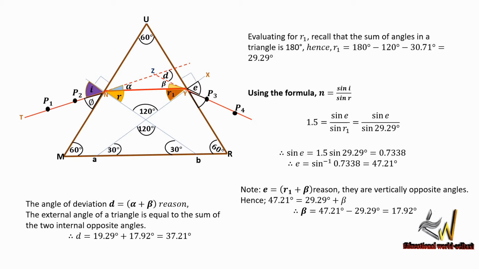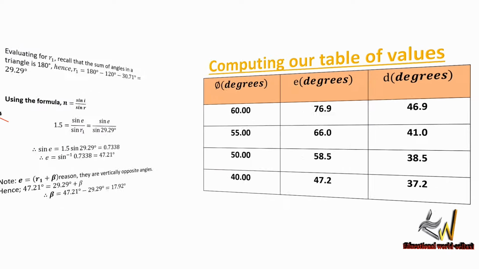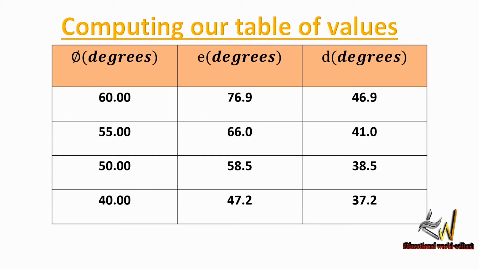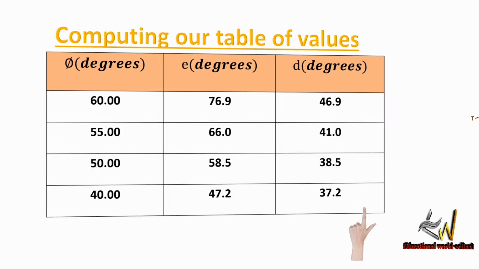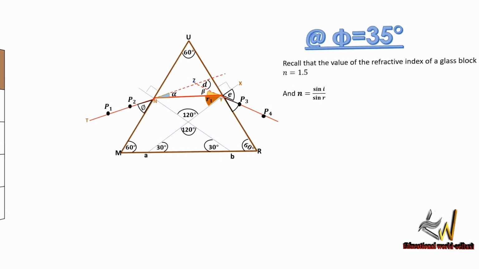So we have that D is equal to 19.29 plus 17.92, which leaves us with the value of 37.21 degrees. We move over to computing our table of values. So we now see that when phi is equal to 40 degrees, the angle of emergence E is equal to 47.2 degrees, and the deviation is equal to 37.2 degrees.